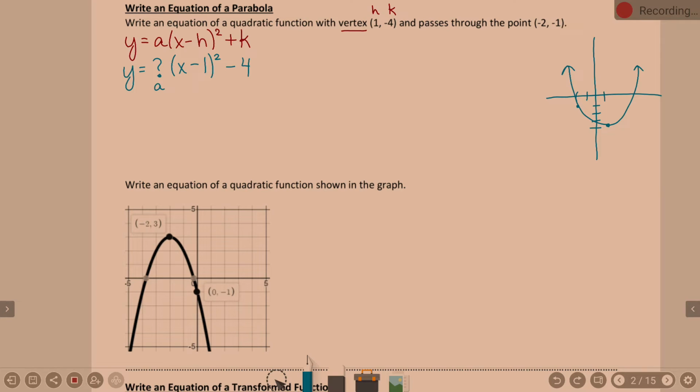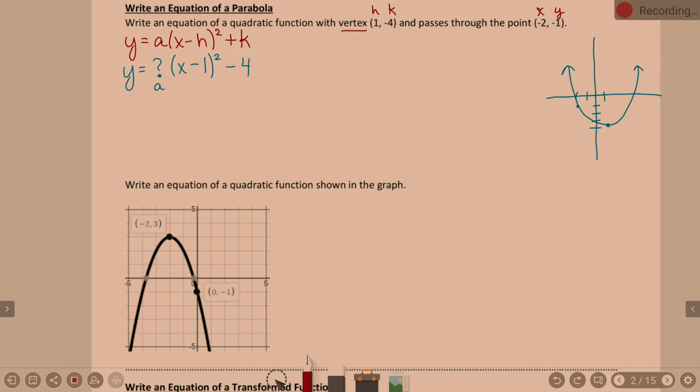Okay. So, we need a plan here. How can we legitimately find A, short of just guessing? Keep in mind, they gave us extra information, didn't they? What do you know about an ordered pair? An ordered pair of any type is x comma y.